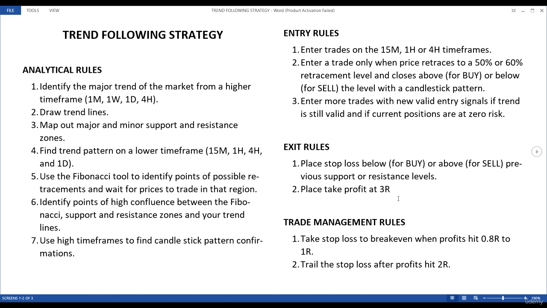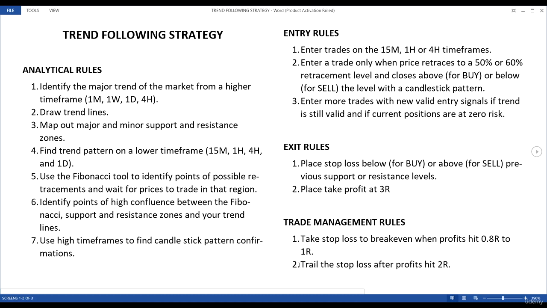And then your trade management rules: you have to take your stop loss to break even when profits hit 0.8R to 1R.